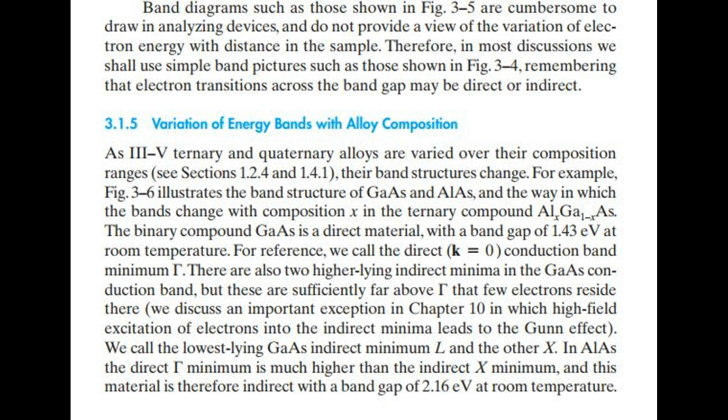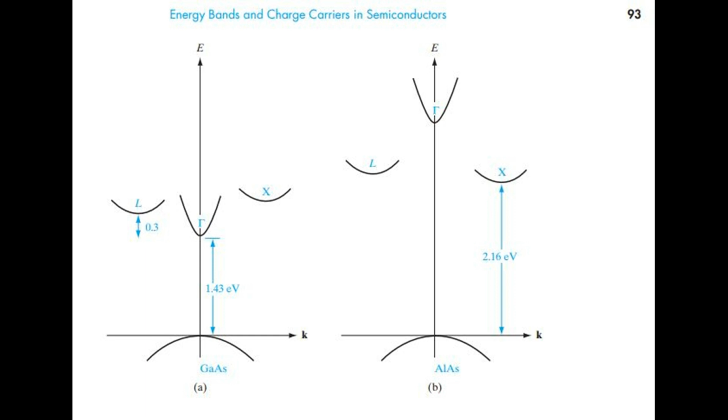In aluminum arsenide the direct minimum is much higher than the indirect X minimum, and this material is therefore indirect with a band gap of 2.16 eV at room temperature. Figure 3.6. Variation of direct and indirect conduction bands in aluminum gallium arsenide as a function of composition.